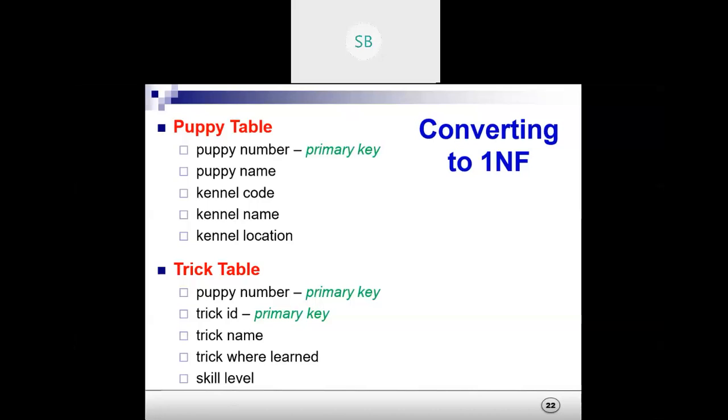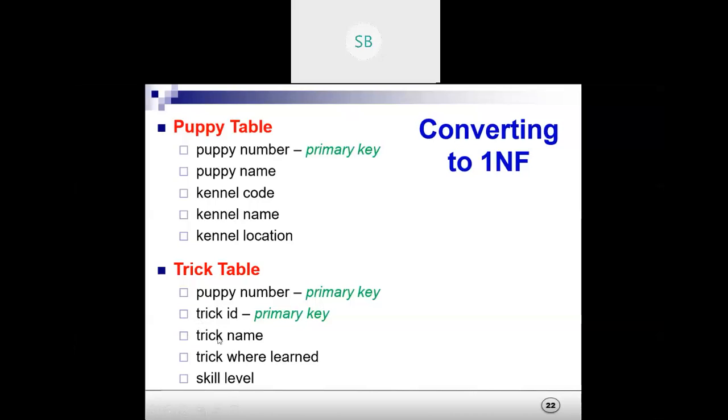We remember that in second normal form, there shouldn't be any partial dependency. There should be full dependency, right? So if you find, this trick name is only dependent on trick ID, but it is not dependent on puppy number.